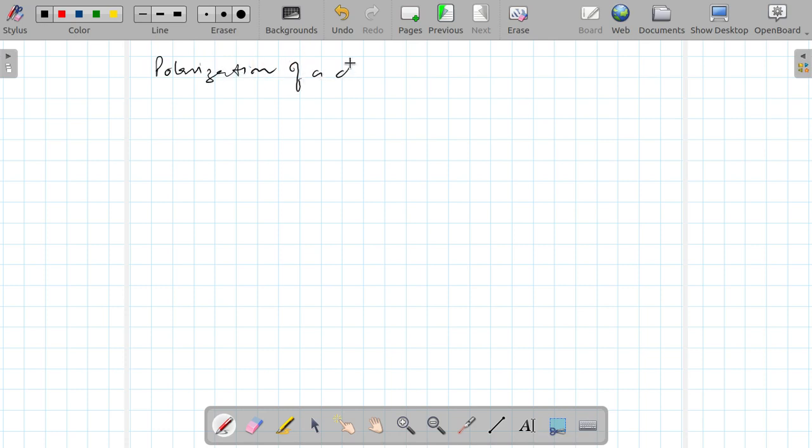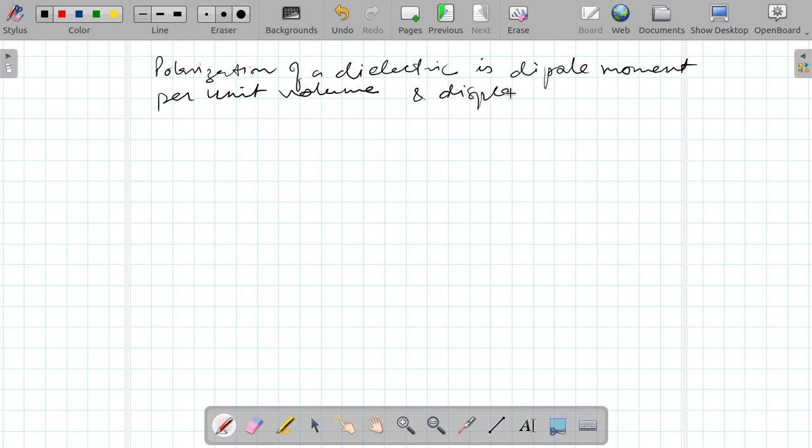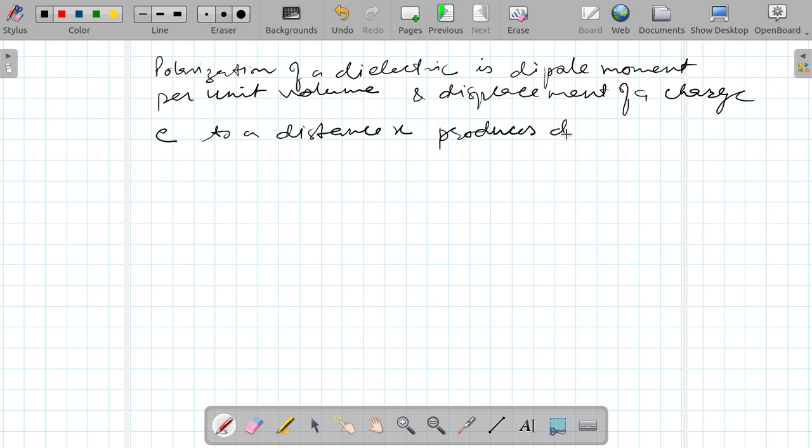Polarization of a dielectric is dipole moment per unit volume, and displacement of a charge e to a distance x produces dipole moment ex.